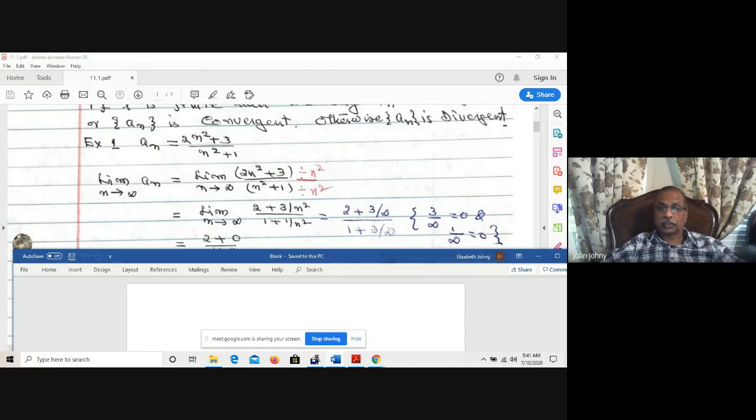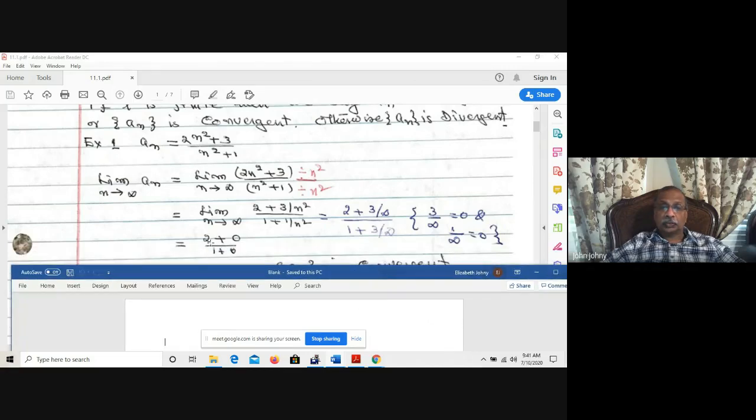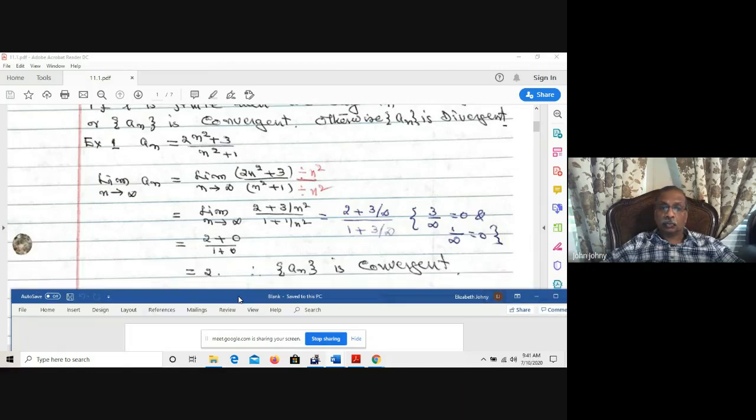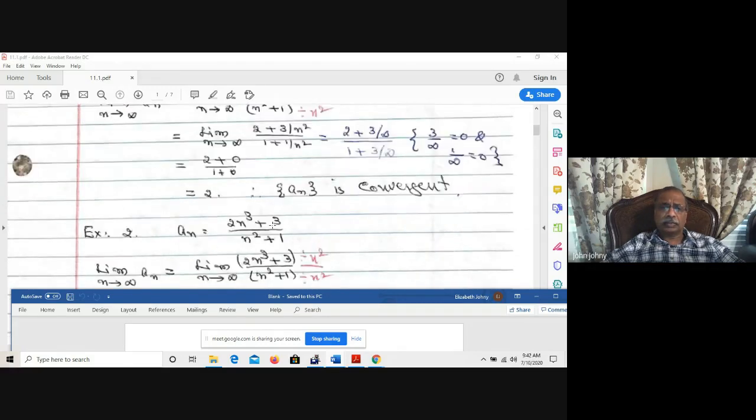I'm sorry for that mistake. So that is equal to 2 plus 0 divided by 1 plus 0. 1 over infinity is 0, 3 over infinity is 0. So that is 2 over 1, which is equal to 2. Therefore, sequence an is convergent. The reason is this limit is a finite number.